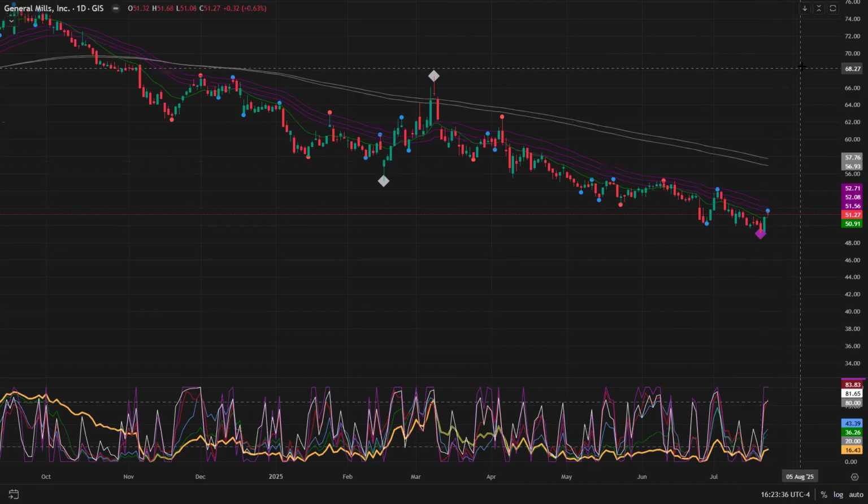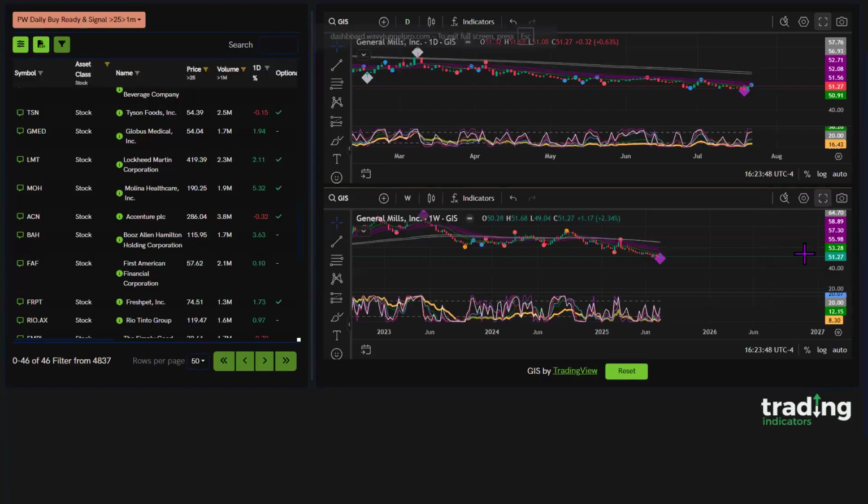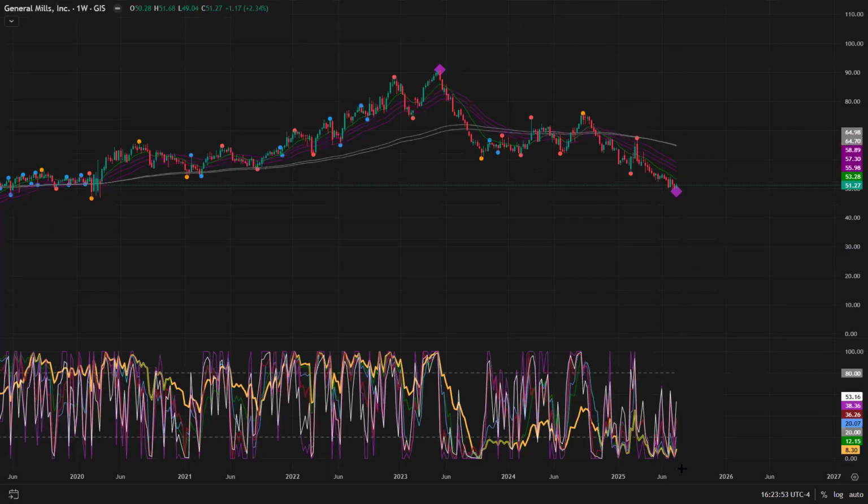And if we look at the weekly chart, it's the same story. We definitely want to see the yellow bungee moving up if this is going to be a market reversal. But we do have a beautiful three-wave move down for a correction into just below the 61.8% area. So from a Fibonacci standpoint, this could be interesting.